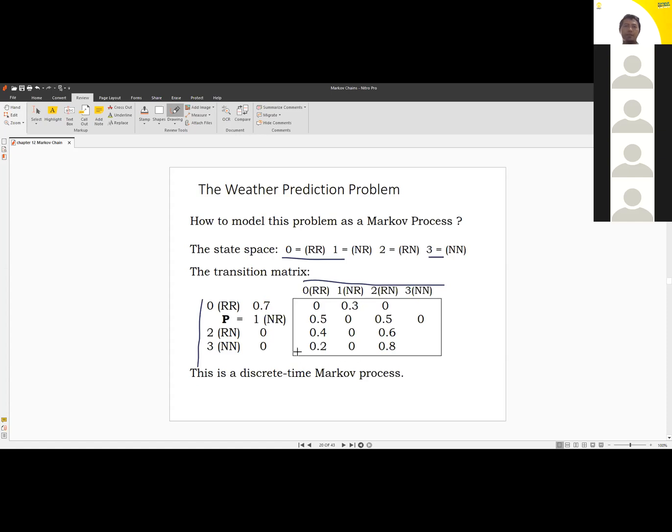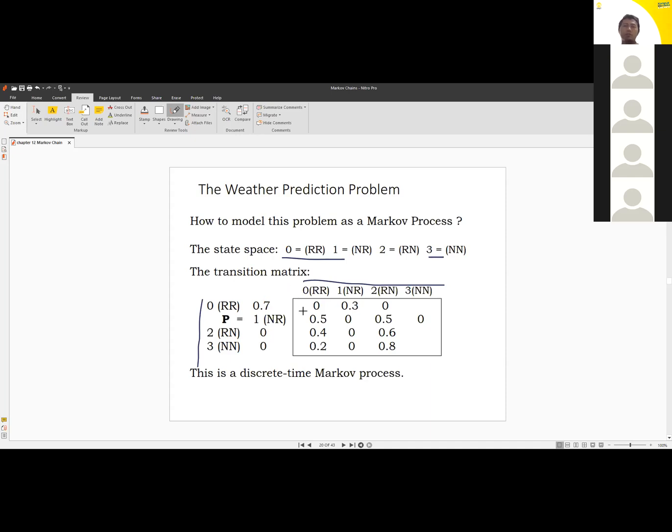Given the problem here, the next condition means today and tomorrow rain.